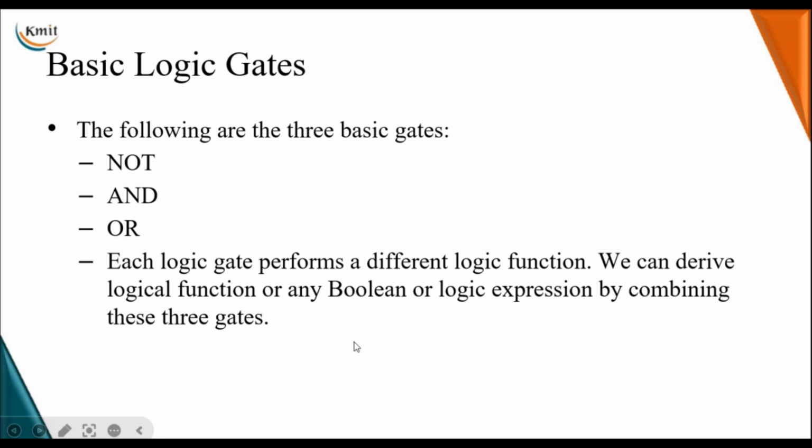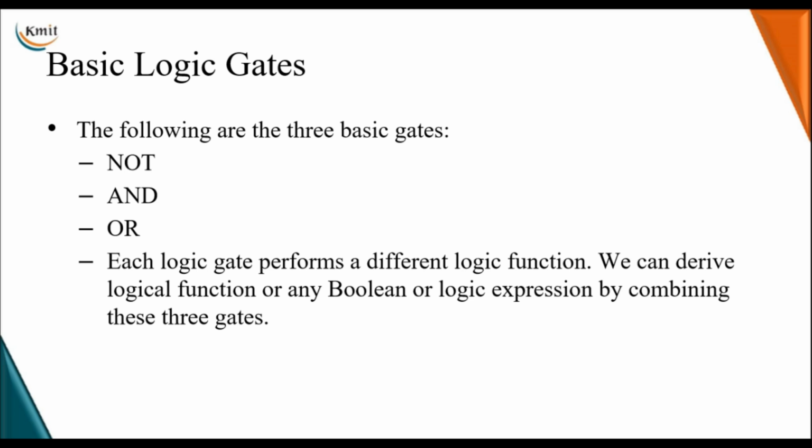Now, logical gates are classified into three categories: basic logical gates, universal gates, and special purpose logical gates. Basic logical gates are of three types: NOT, AND, OR. These three logical gates can perform different logical functions.